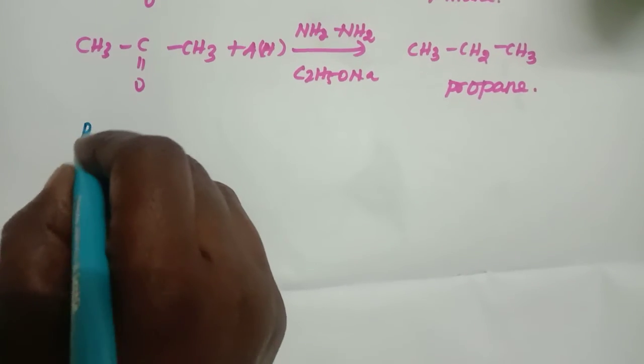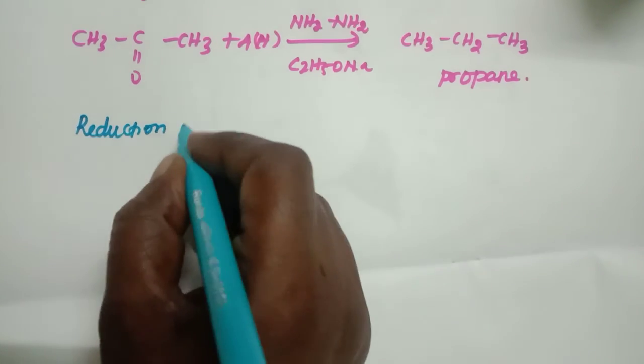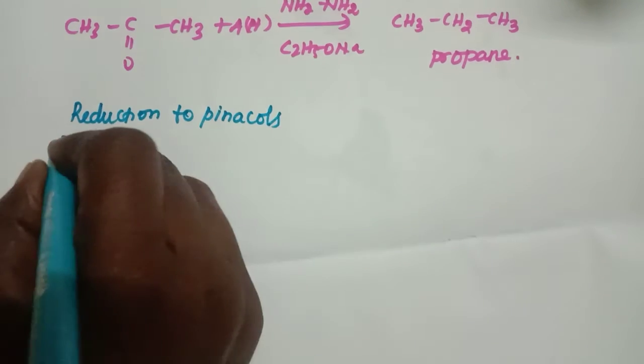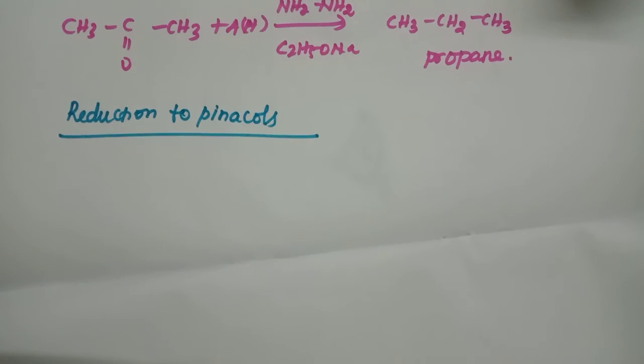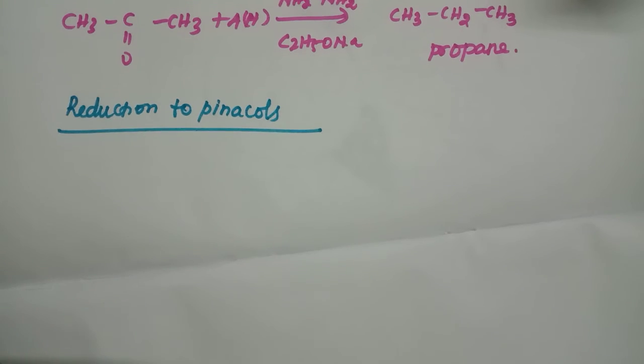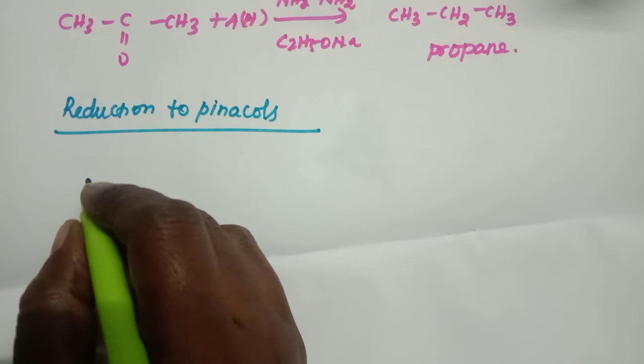Next one is reduction to pinacols. When a ketone undergoes reduction in the presence of magnesium amalgam and water, it gives symmetrical diols.